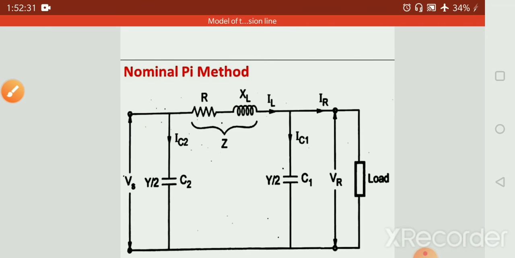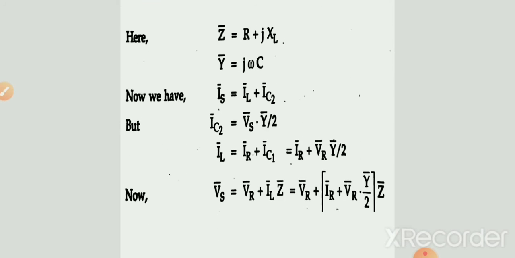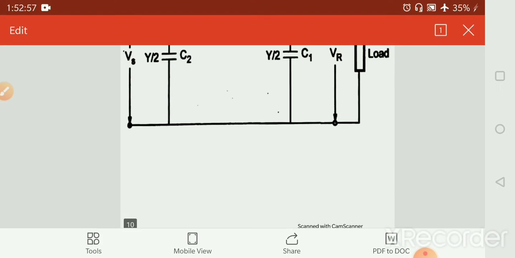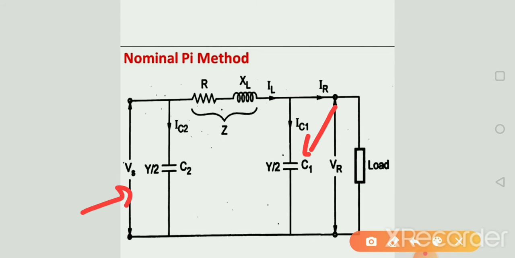You know very well that Z equals R plus jXL, and here Y equals j omega C. So we have IS equals IL plus IC2. The value of IC2 is Vs into Y by 2, and the value of IC1 is VR into Y by 2, because one capacitor is at the sending side and one at the receiving side.